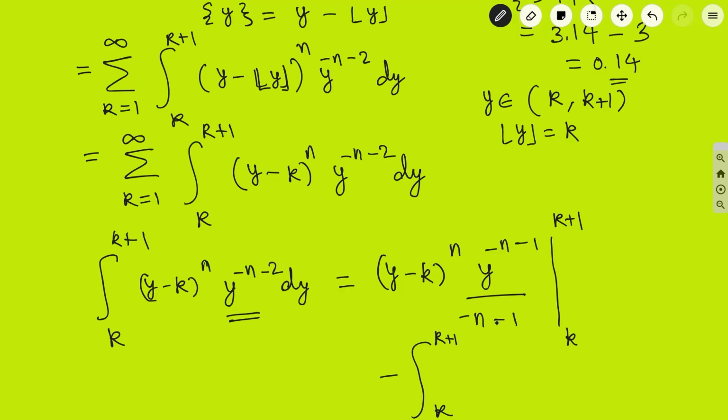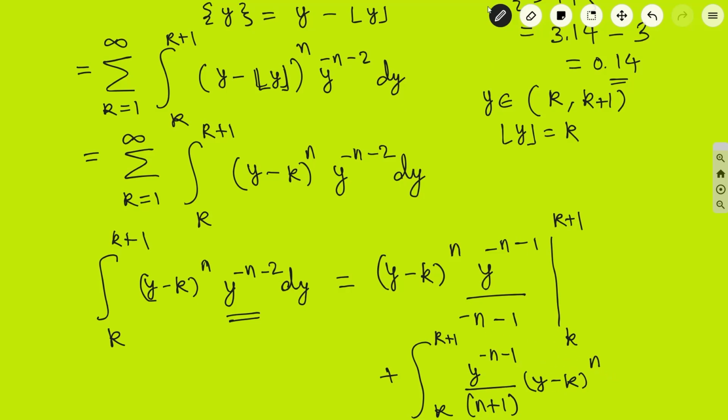You have this term here, y to the power minus n minus 1 divided by minus n minus 1. So I'm going to say n plus 1, and then this is (y minus k) to the power n.